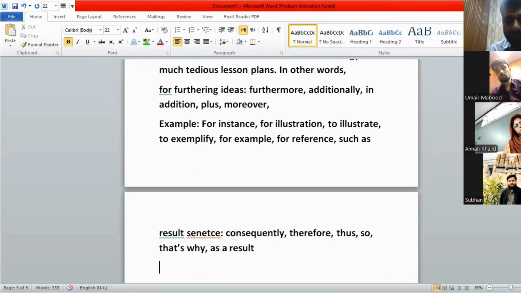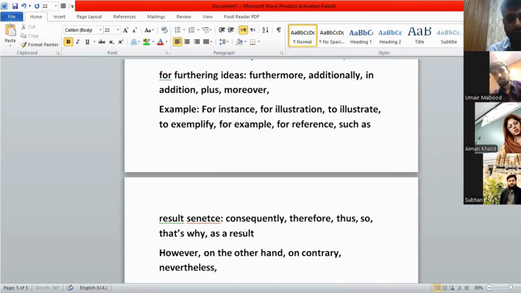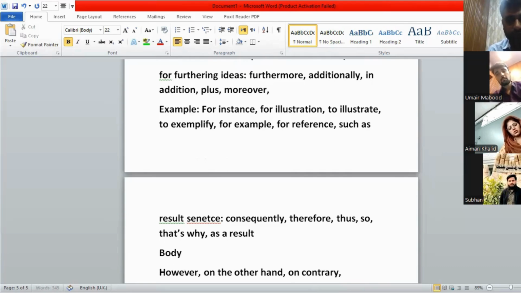Like for a different area, you should say however, on the other hand, contrary to it, on the contrary, nevertheless, on the flip side. So this is for starting body two, right? For contrasting ideas.